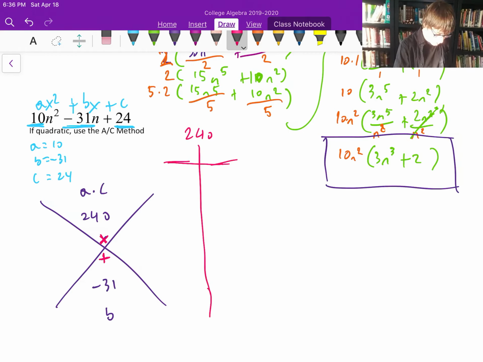Well, the easiest one is just 1 and 240. That works. Now here's the question. Can I do a plus, a minus, a multiplication, or a division of 240 to equal negative 31, or even just 31?